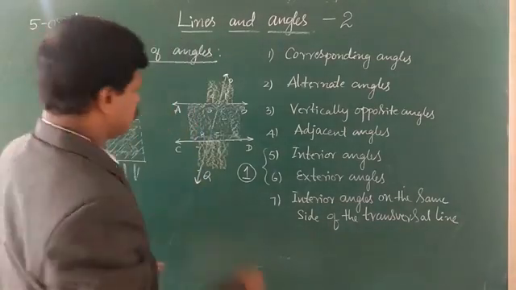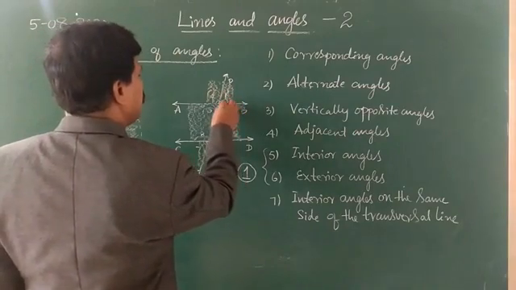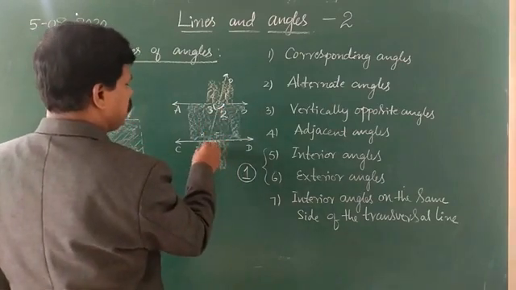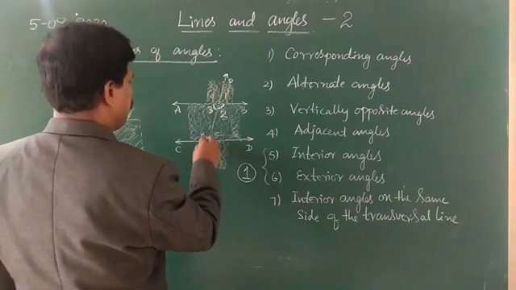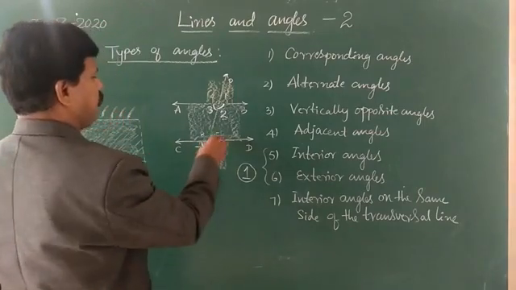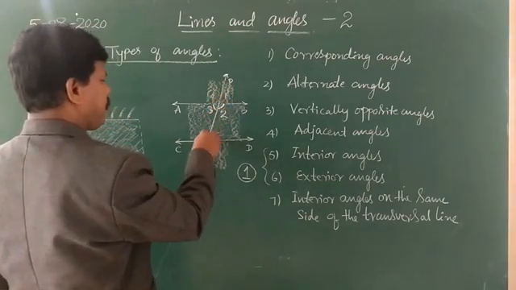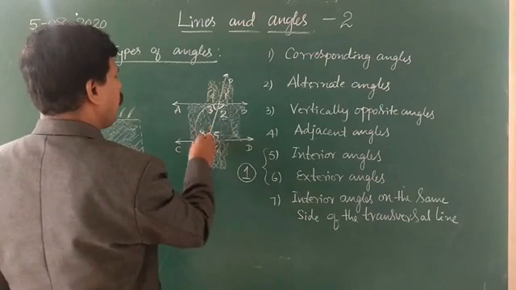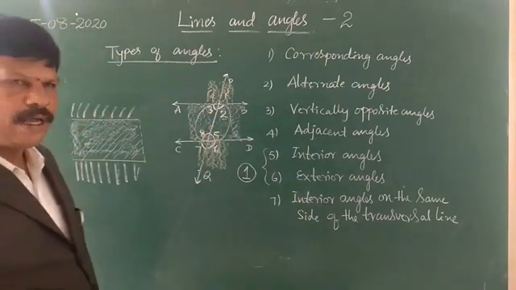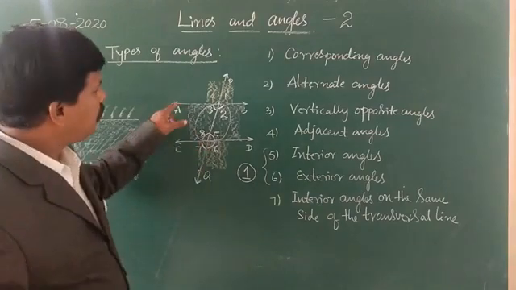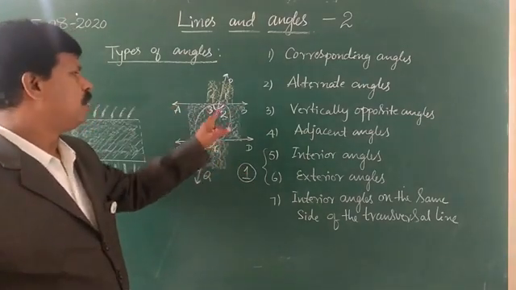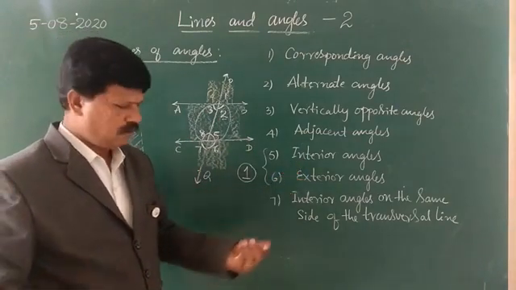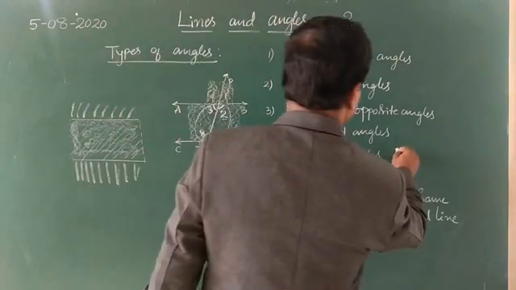Now the angles: look at angle 2 and angle 3, angle 6 and angle 7, here this is 5 and this is 8. These four angles are inside the parallel lines, so they are called interior angles.